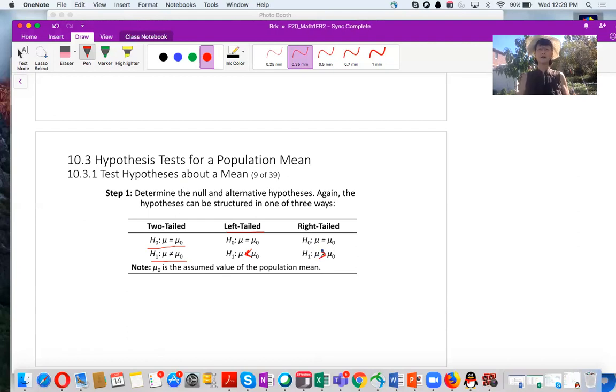Usually the problem has an indication, for example increase or more than, that is greater than in the H1 position. Regardless of the 3 situations, H0 always maintains the equal sign. H1 could be not equal, smaller than, or greater than.